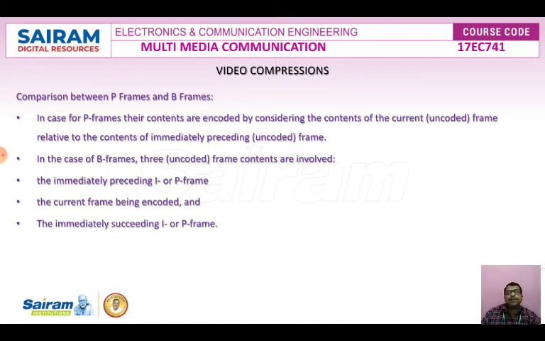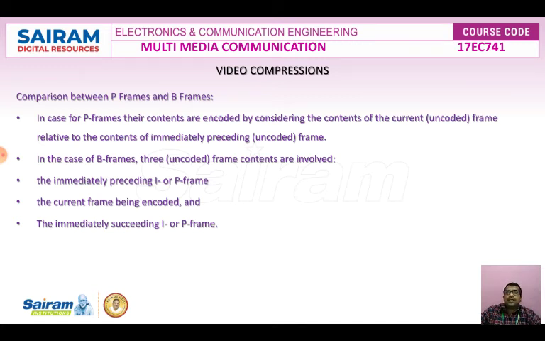In the case of a B-frame, three frame contents are involved: the immediately preceding I or P-frame, the current frame being encoded, and the immediately succeeding frame. So this results in increased encoding delay, which is equal to the time to wait for the next I or P frame. I-frames provide the highest level of compression because they are not involved in the coding of other frames, so they do not propagate errors to others.